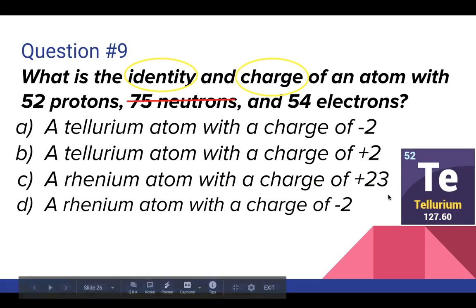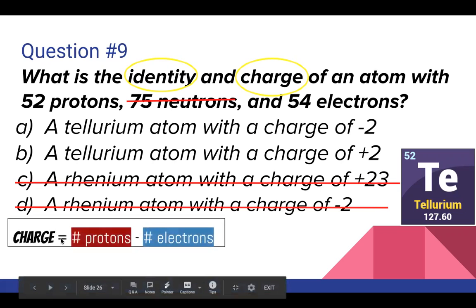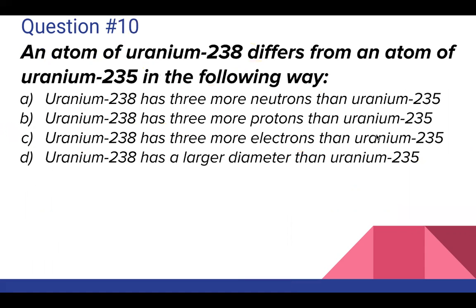Because we already figured out the identity, that's tellurium. So let's just go ahead and eliminate answer choice C and D, leaving us with A and B. So yeah, now we just need to figure out the charge. It's just the number of protons minus the number of electrons. So plugging in the numbers, 52 minus 54 equals -2. So the charge should be -2.